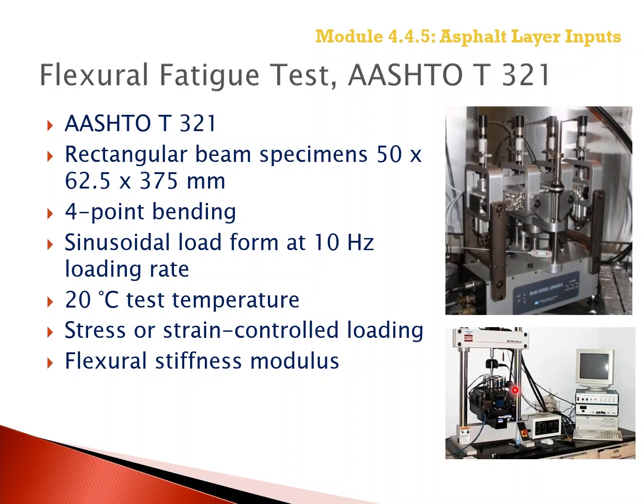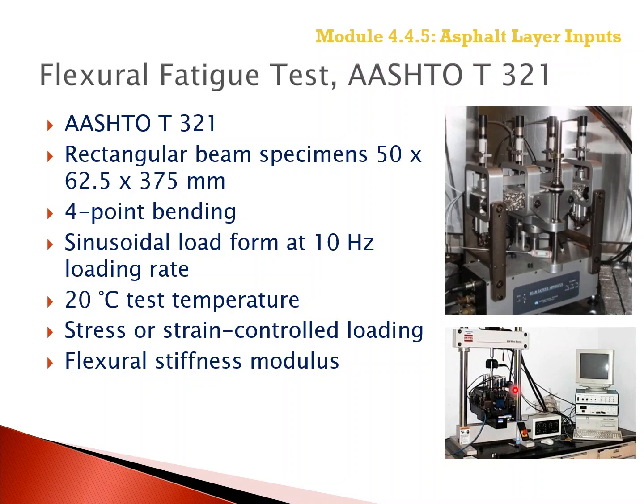There are two definitions of failure that have been used and are applicable to AASHTO T321. The one applied in determining the global fatigue strength coefficients for calibration is the reduction of stiffness of 50%. So the test is run past 50% of the initial flexural stiffness, and failure is defined at a stiffness reduction of 50% from the initial load cycles.